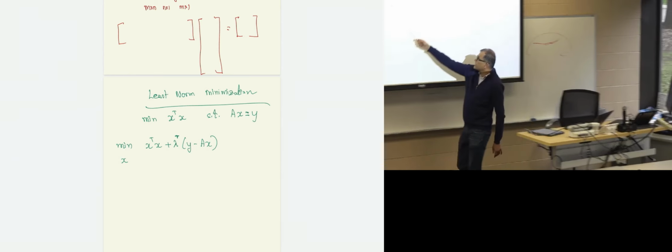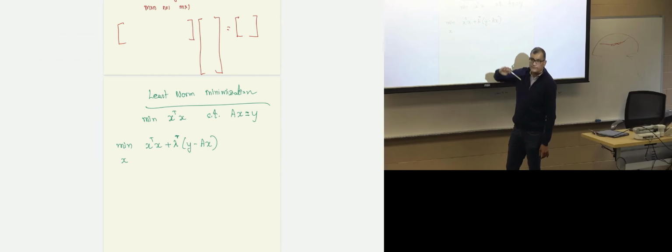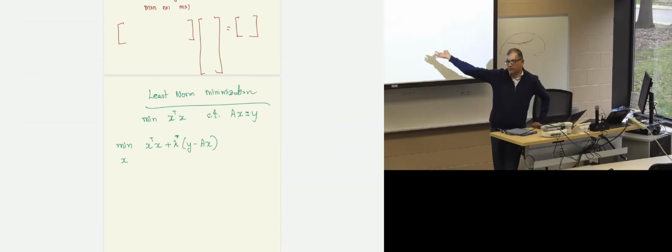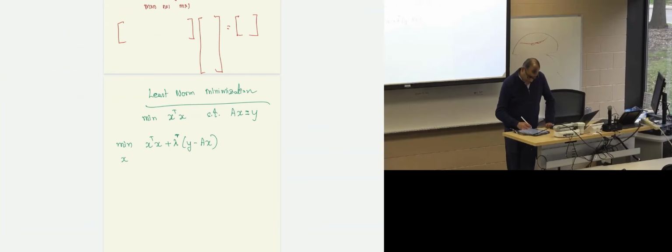So this is your objective and this is your constraint. And just two or three steps of linear algebra, which I'll skip, the solution to this problem is x equals A transpose (A A transpose) inverse y.